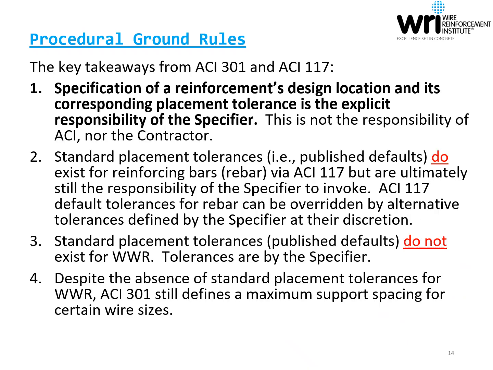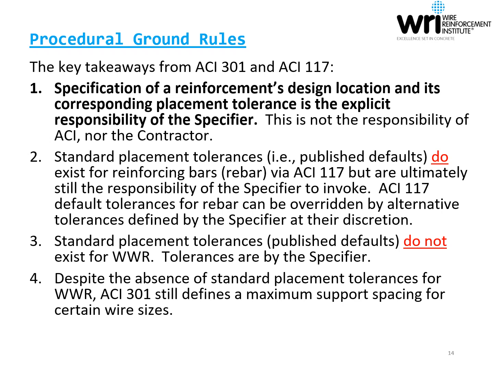The key takeaways from ACI 301 and ACI 117 are as follows. First, specification of a reinforcement's design location and its corresponding placement tolerance is the explicit responsibility of the specifier. This is not the responsibility of ACI, nor the contractor.